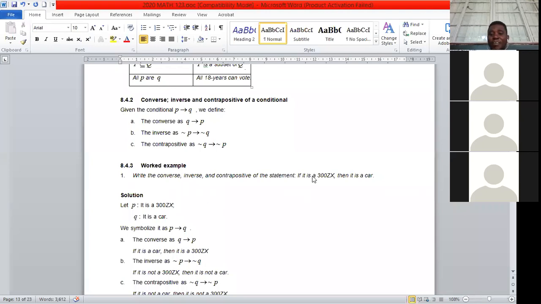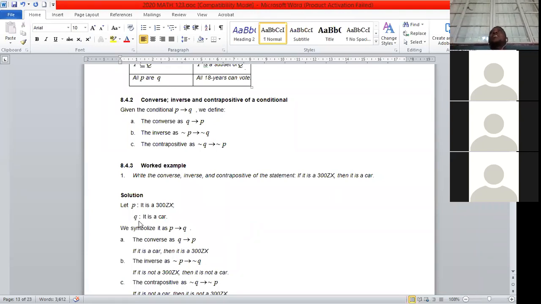So the conditional is saying, if it is a 300ZX, then it is a car. Remember I told you, you don't need to use the if in your statement. We only use the statement itself. So one statement is, it is a 300ZX. Another statement is, it is a car.